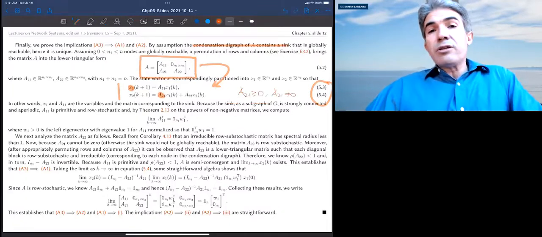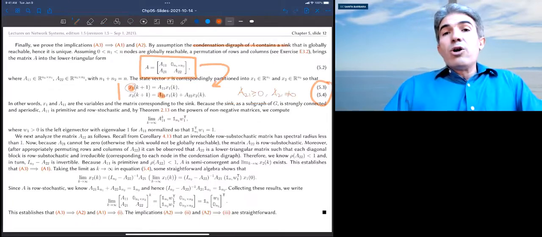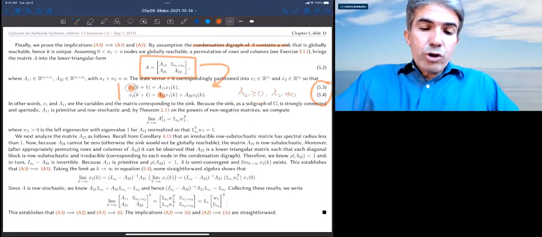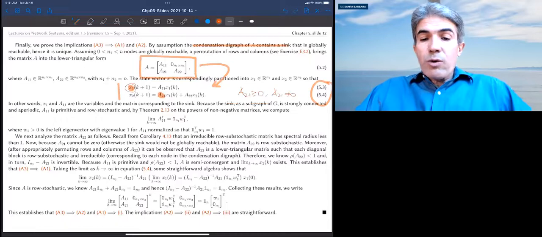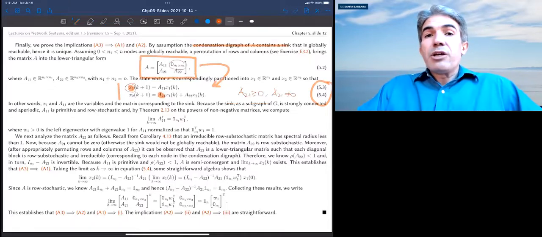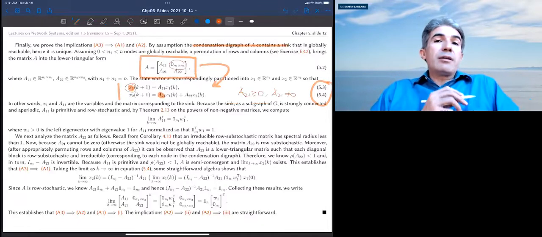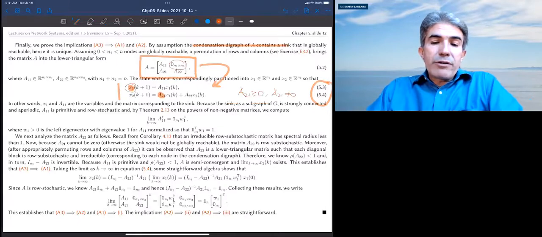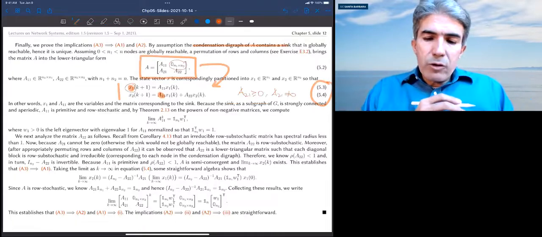Otherwise, the nodes indexed by 1 would not be globally reachable, would not be reachable by the nodes in 2. Vice versa, the nodes in 2 are the ones that are not globally reachable, and that's why I have zeros up there. If all nodes are globally reachable, then the graph is strongly connected, and then I'm done, the proof is complete, because I can use the old theorems about primitivity and so forth.